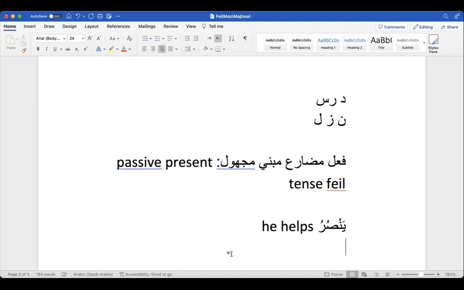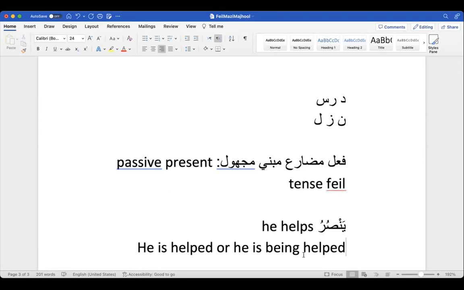So if I say, for example, he is helped or he is being helped. So somebody is helping him. So the action is going on in the present tense, right?